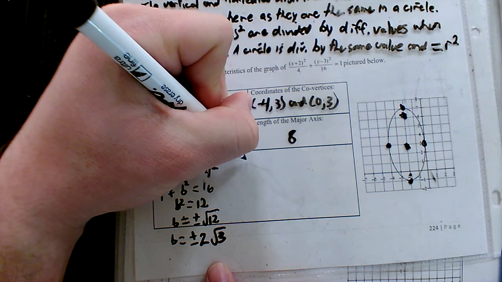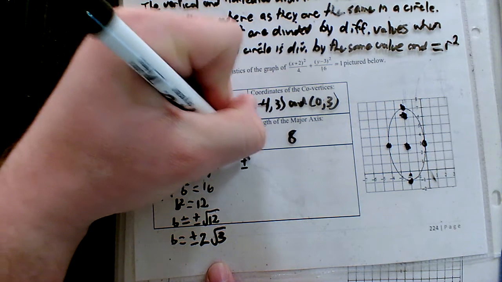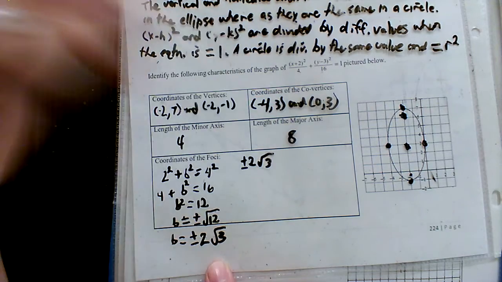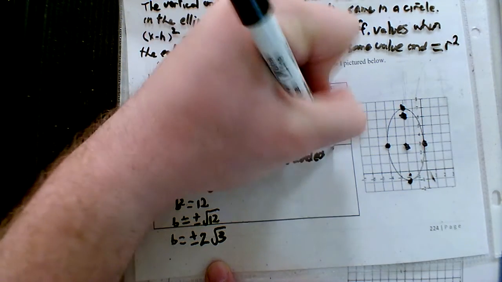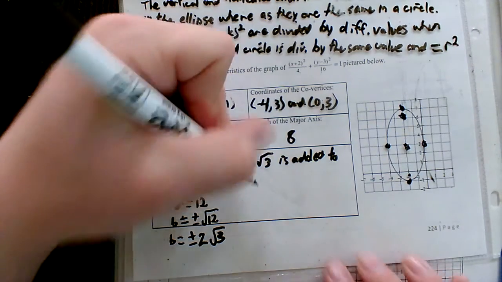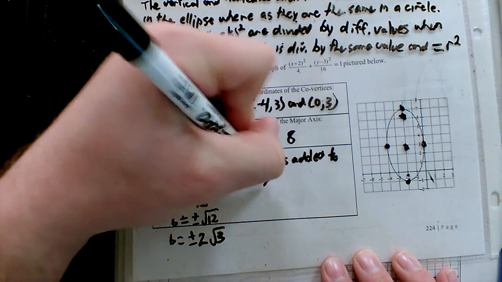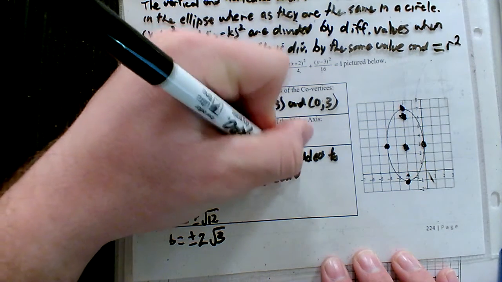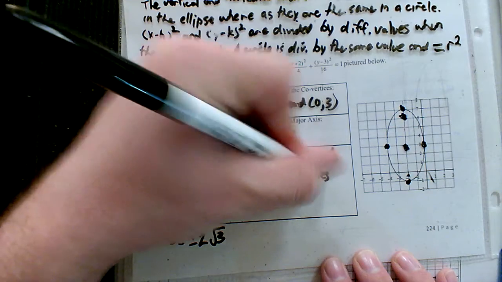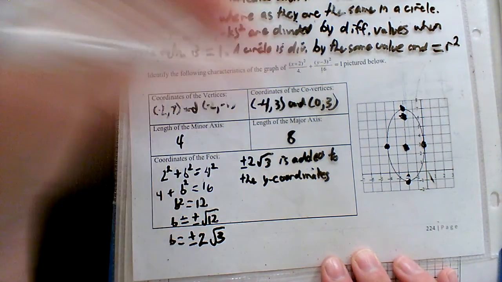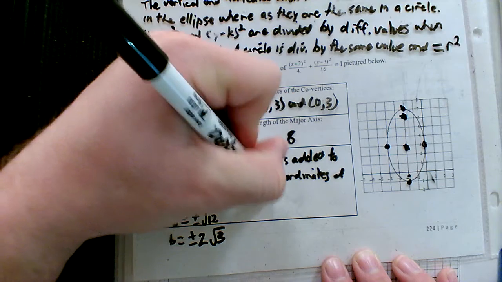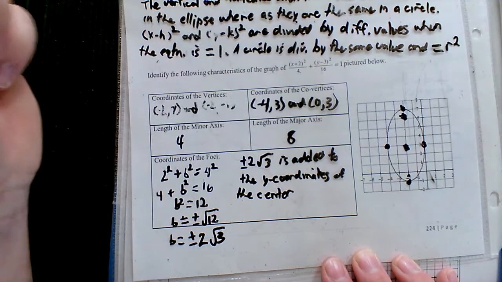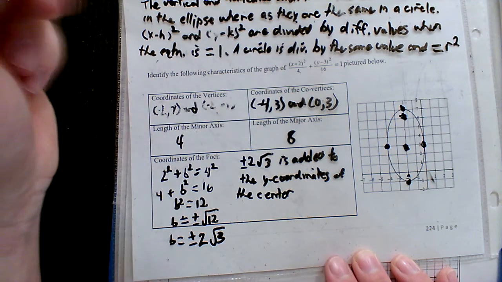So this value, plus or minus 2 square roots of 3, is added to the y coordinates of the center since the major axis is y.